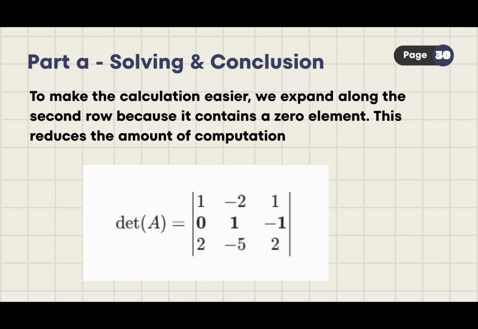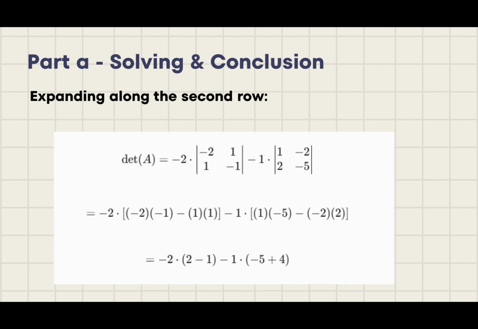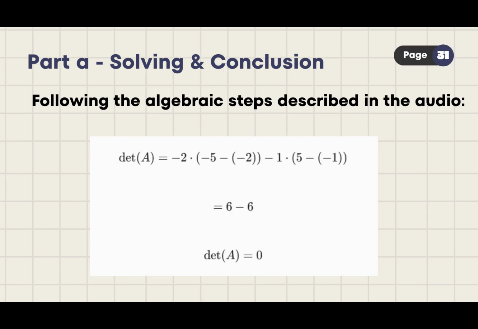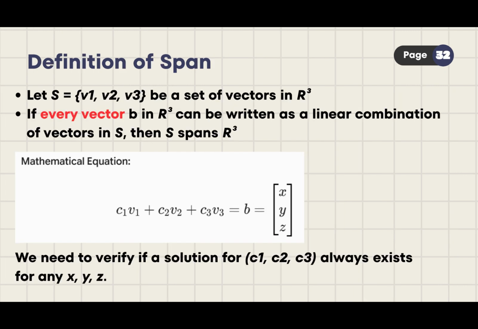Next, we calculate the determinant of the matrix. To make the calculation easier, we expand along the second row because it contains a 0. This reduces the amount of computation.